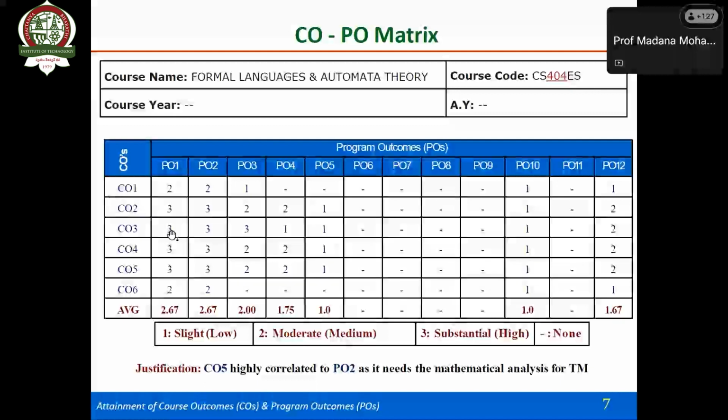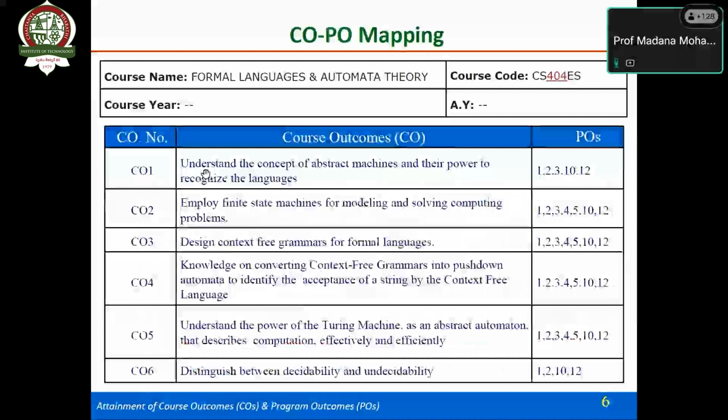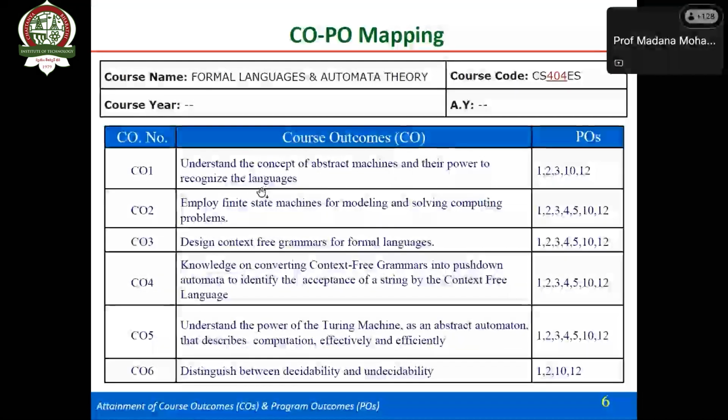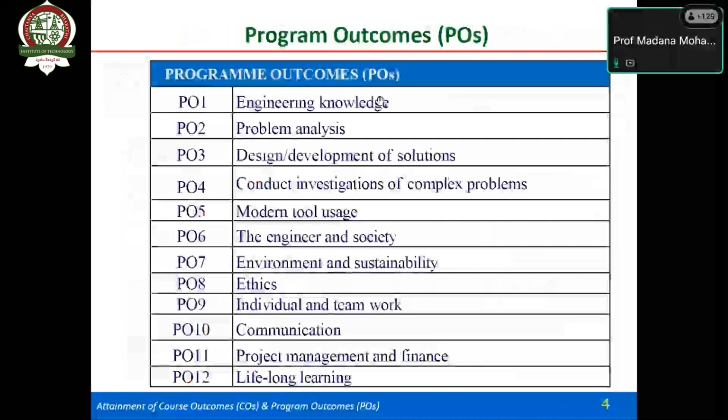Okay, now let us understand the levels clearly. CO1 is related to PO1. Why is it 2, why not 3, why not 1? Let us go back to CO1: understand the concept of abstract machine and their power to recognize the language. What is PO1? Engineering knowledge.